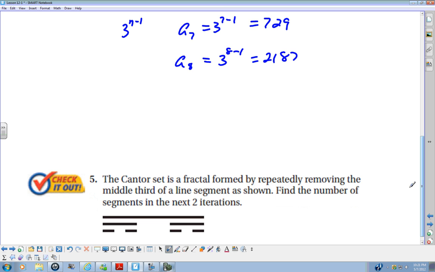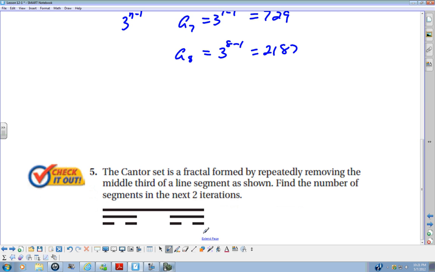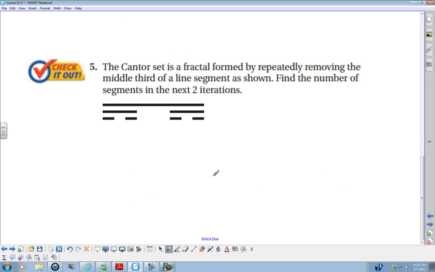So let's go ahead and look at check it out in this case also. And if you look at the iteration here, it says find the segments in the next 2 iterations. If we look at the first one, here we have 1 segment. And then that 1 segment has become 2 segments when I cut the middle out. And when we cut the middle out here, then that 2 becomes 4.